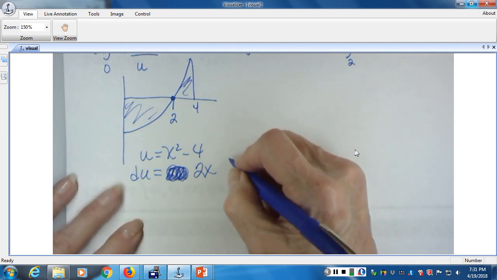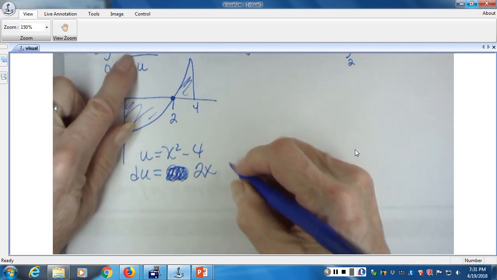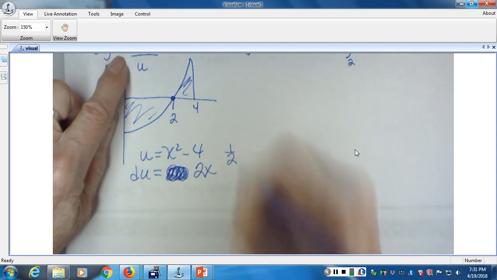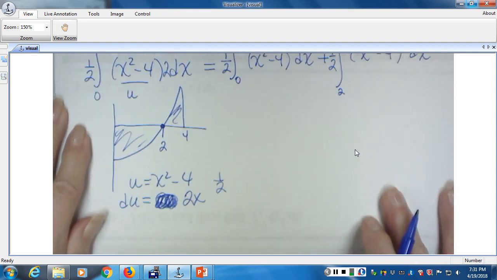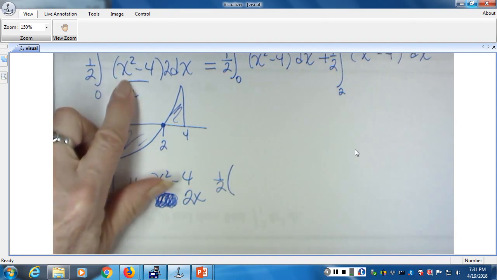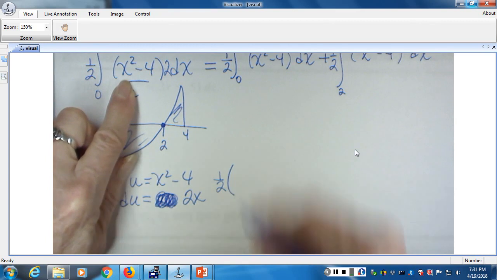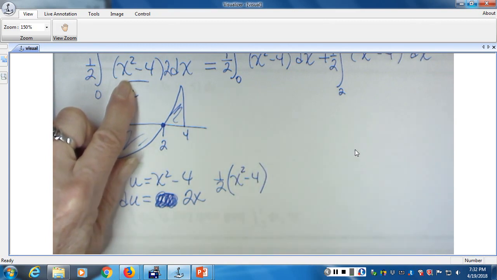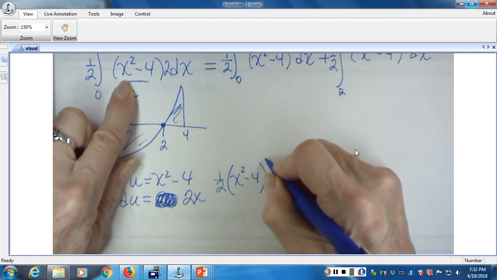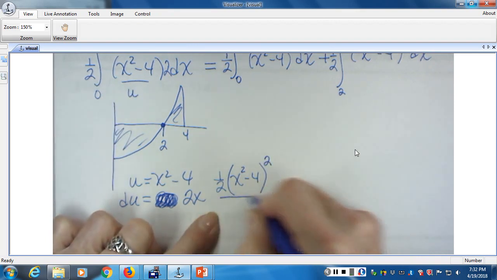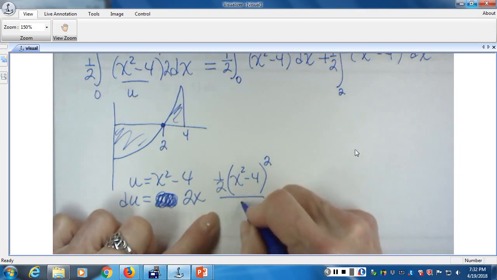So then when I do the integration, that's going to be 1/2 times u, which is x squared minus 4. And that's going to become squared, because there's a power of 1 here, and then we're going to divide by 2.